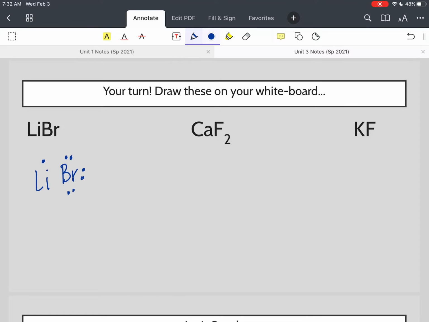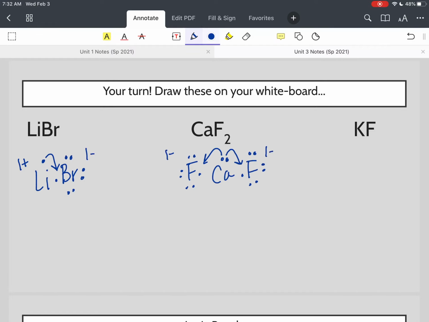So I'm just drawing the valence. Lithium's going to give 1 away. That means it's a 1+. Bromine's 1-. Calcium has 2. Each of my fluorines are going to have 7. Okay, so it's going to take 1 from that and 1 from that.